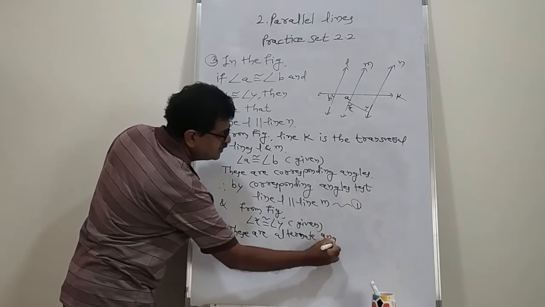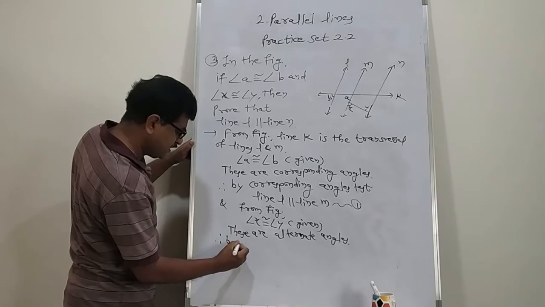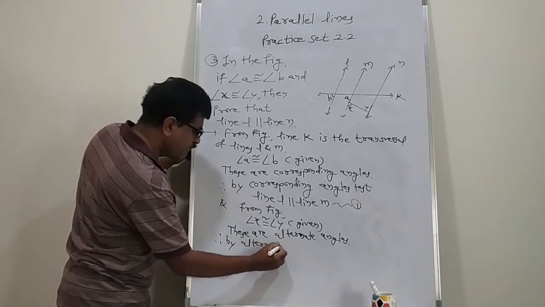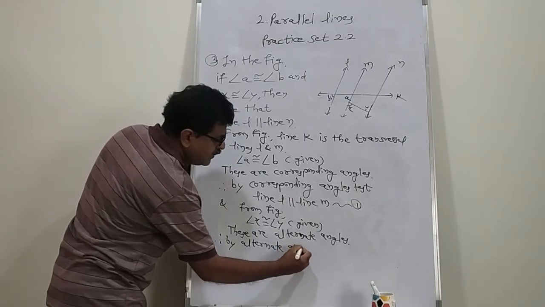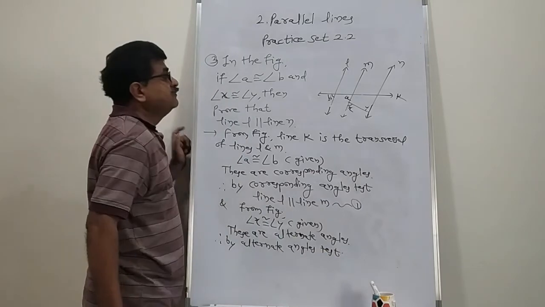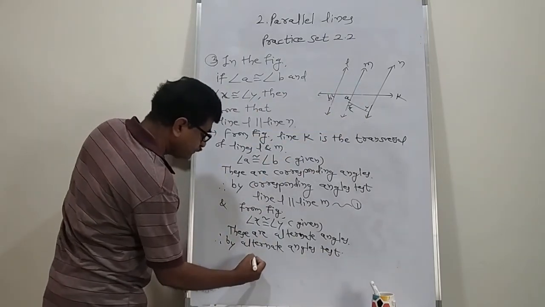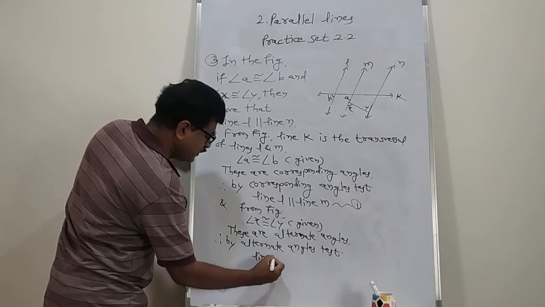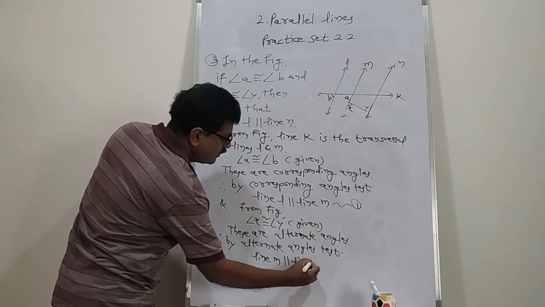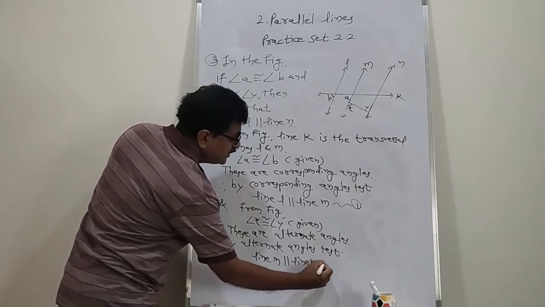Therefore, by the alternate angles test, these two lines are parallel. Line M parallel to line N. This is number 2.